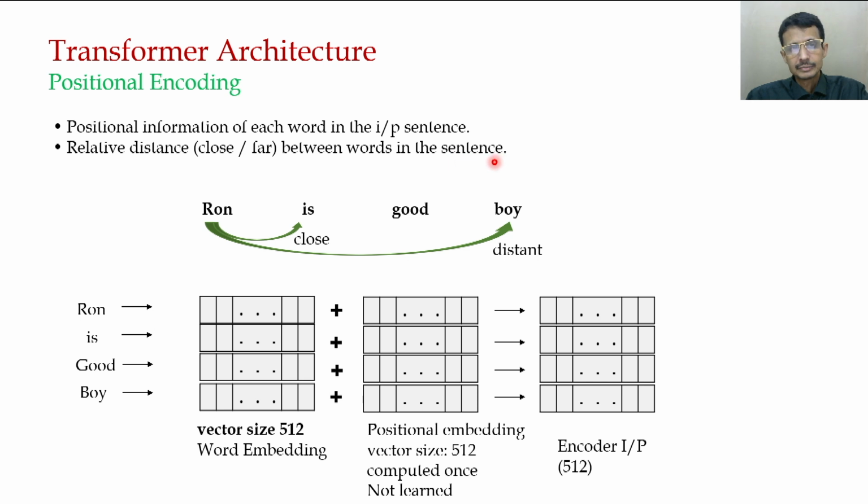In "Ron is a good boy", this is close to Ron, but boy is relatively distant. Here the vector size is 12, and we add the positional information to get the positional embedding or positional encoding.